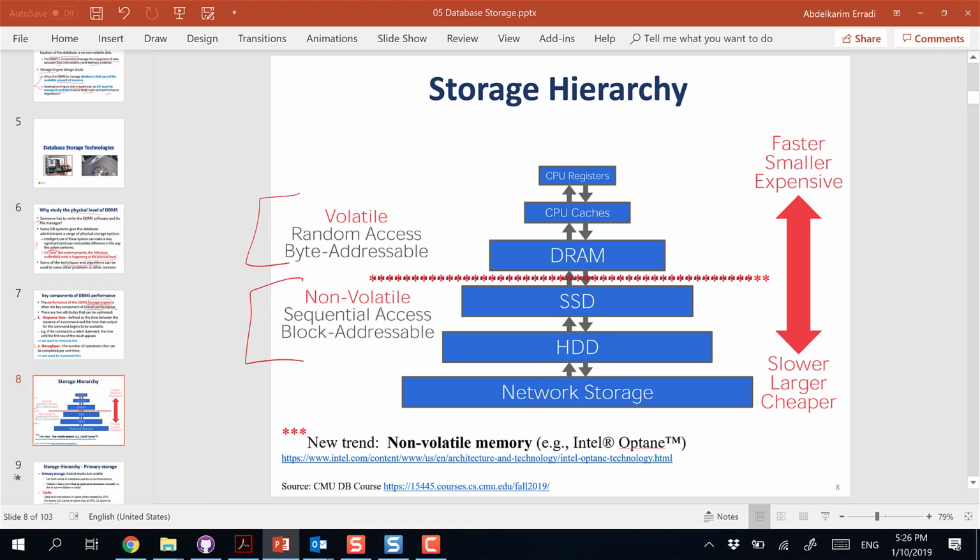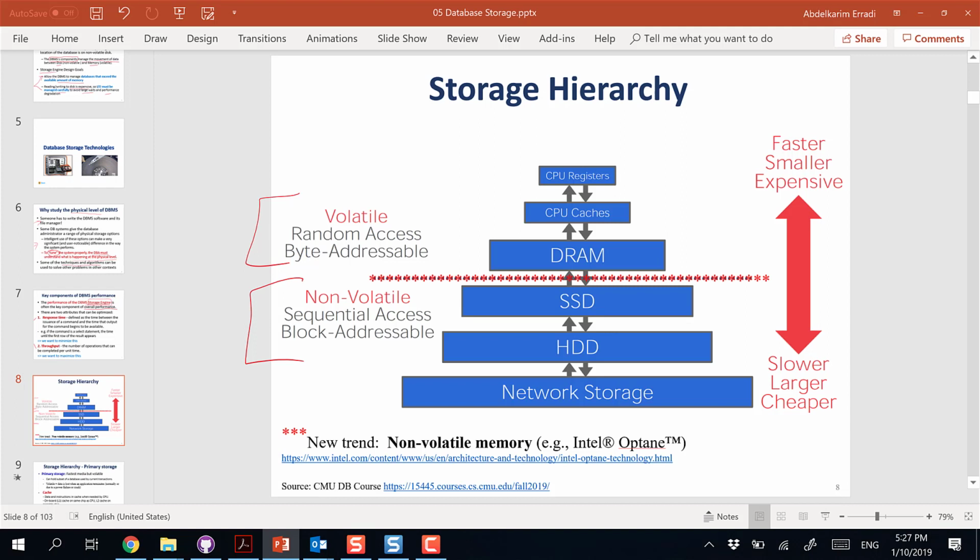Okay, as far as the database is concerned, it's enough for us to just divide this storage hierarchy into two parts. There's the memory part, which is volatile, high speed, and random access. So in memory, you can access any byte in memory randomly, and there's no cost in doing so.